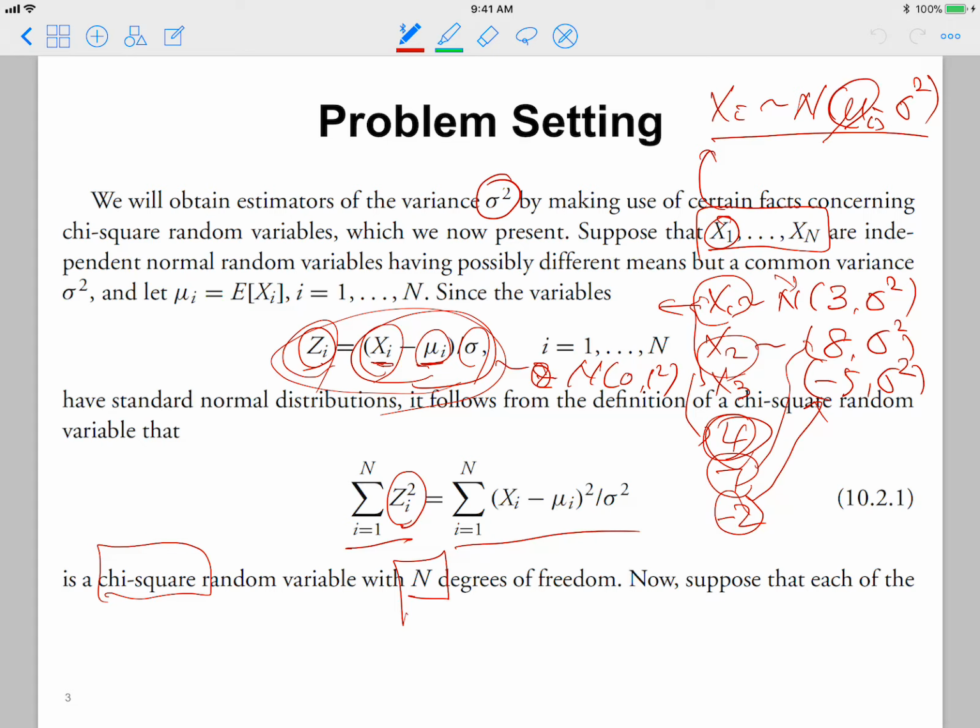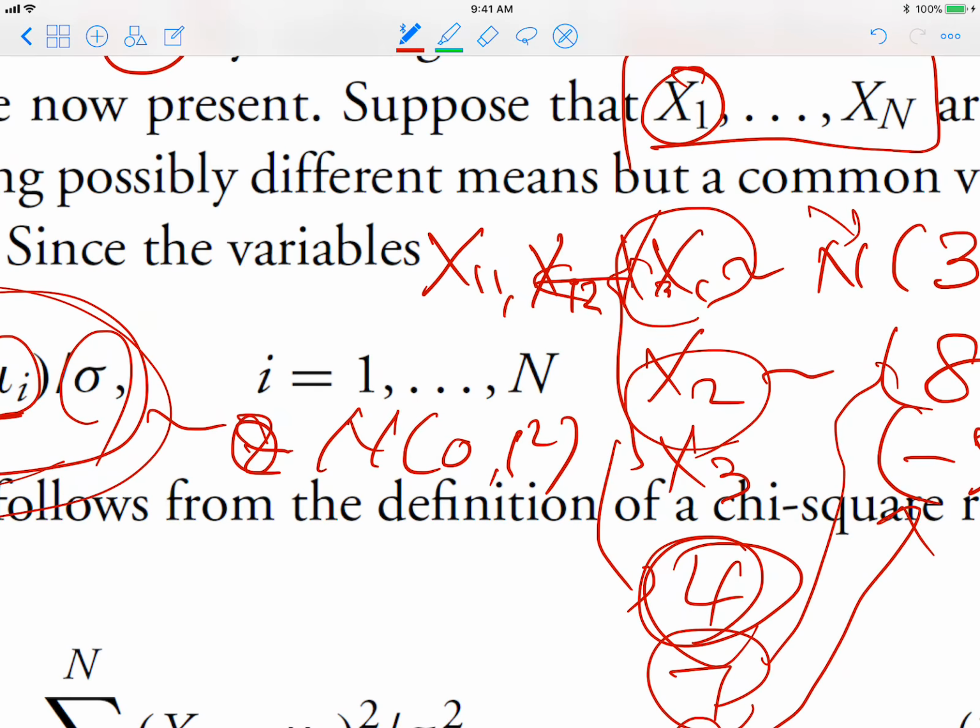But what if we had x11, x12, x13, x14, which indicate the first group? The first number is the group ID, or sample index, and the second number is the observation index.